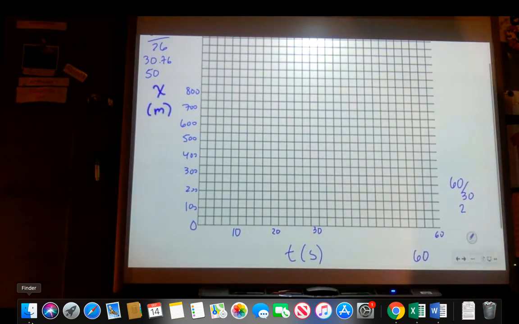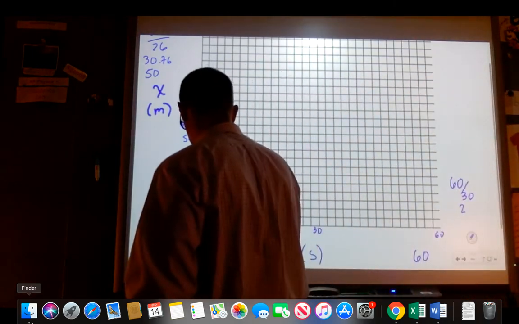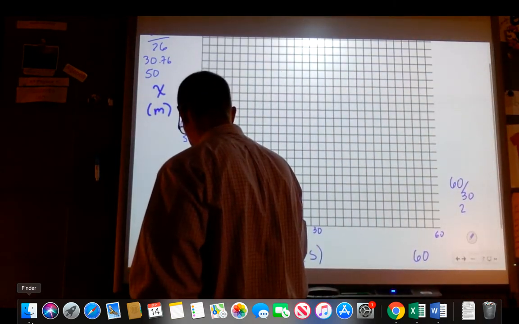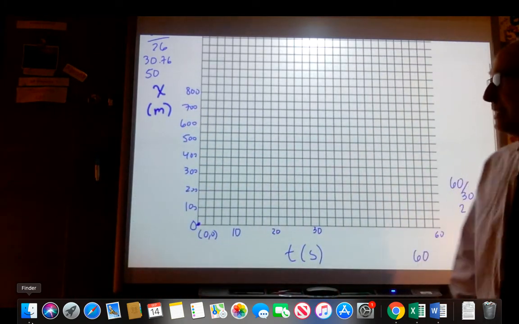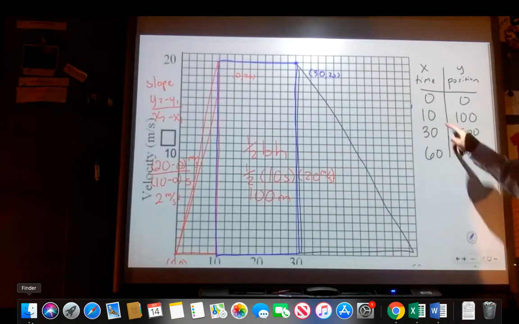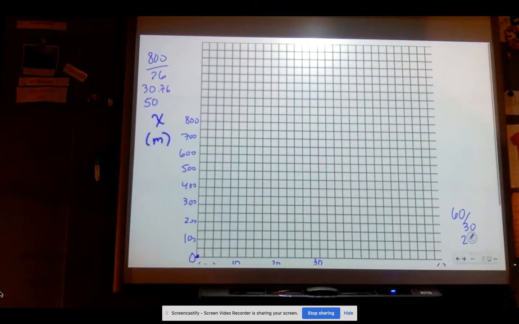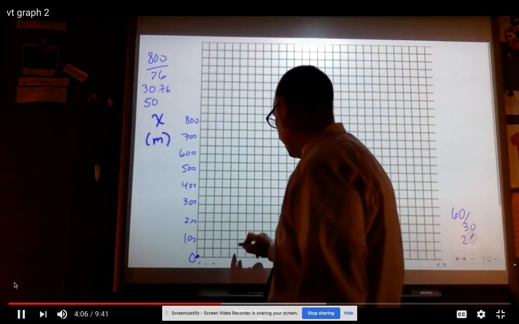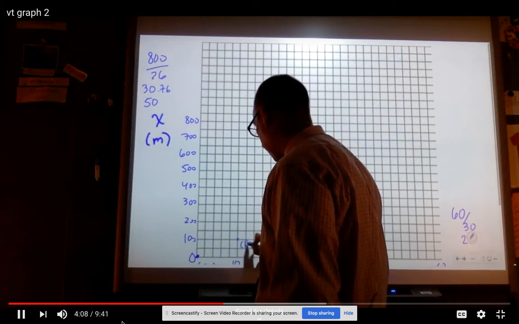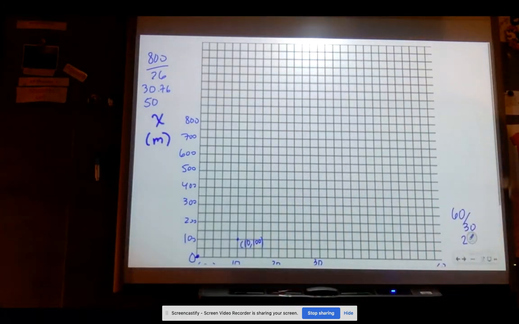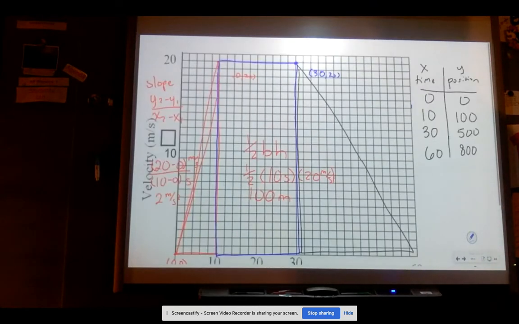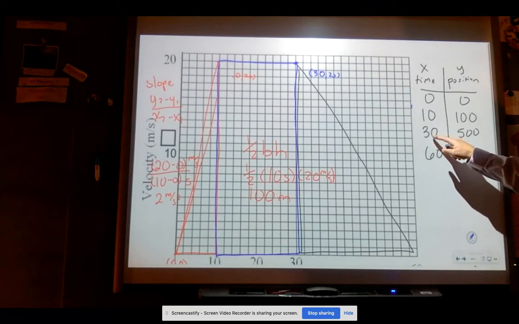All right, and I'm going to put my ordered pairs down. So I started at 0, 0. If we go back to the previous slide, we'll see that in the first 10 seconds, we got to 100. So I'm going to have 10, 100. Then, for 20 seconds, I stayed at the same speed and went an additional 400 meters.